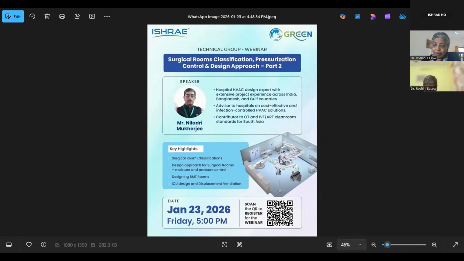He's been an advisor for the design of a South African hospital in Durban and an Indian government-funded hospital in Nicaragua, South America. Mr. Niladri is also a widely publicized author on articles specializing in hospital HVAC, published in India, Bangladesh, and the Middle East. His actual CV is very long, so I'm cutting that short. So, welcome everyone, and Mr. Niladri, over to you.